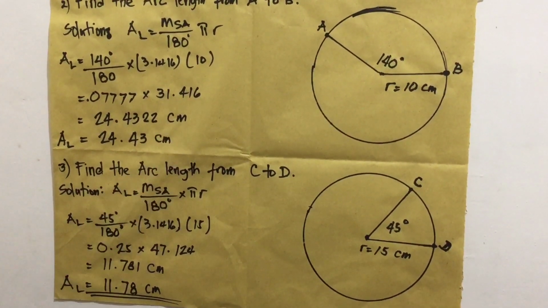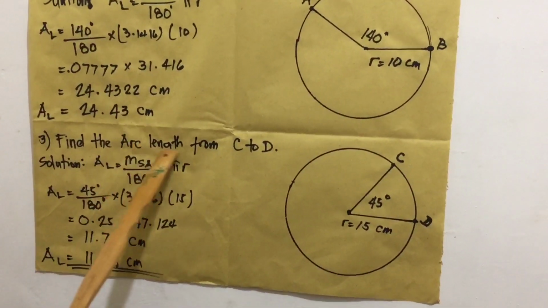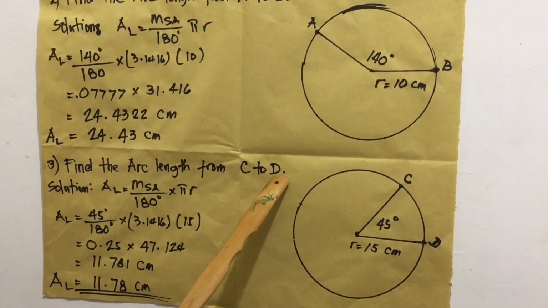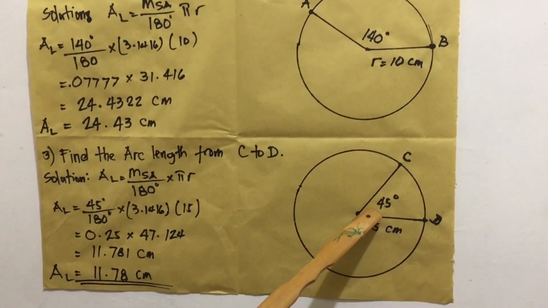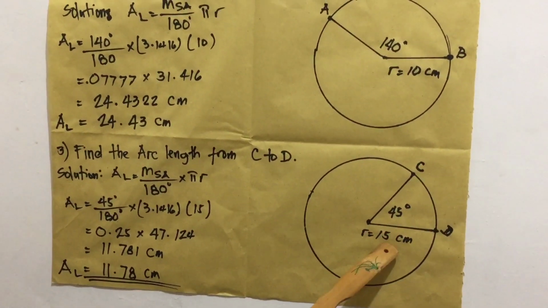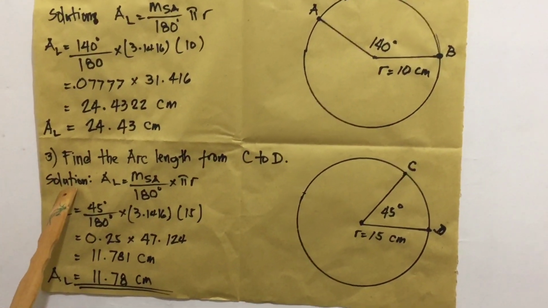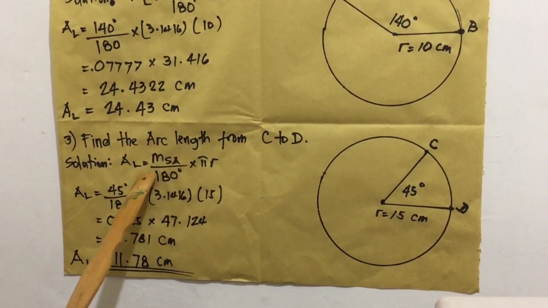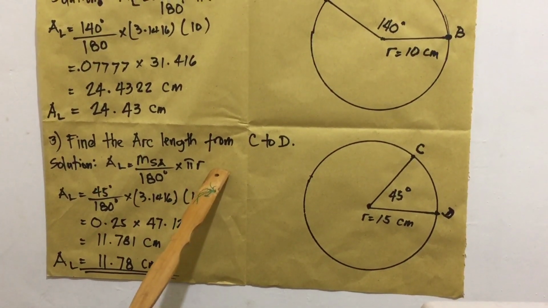24.43 centimeter. Our next problem, this is number 3, find the arc length from C to D. So with the given subtended angle 45 degrees and the radius is 15 centimeter. The same, we're going to use the formula of arc length equals MSE over 180 degrees times pi and r, the radius.